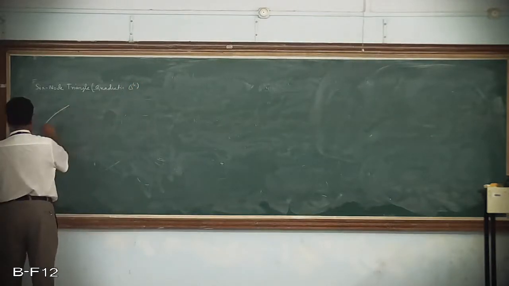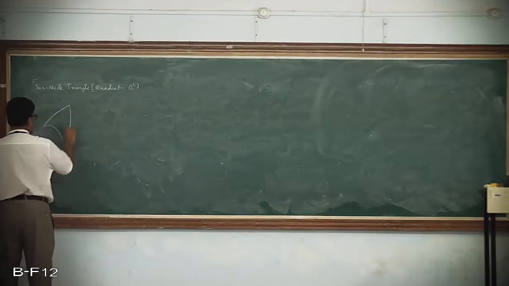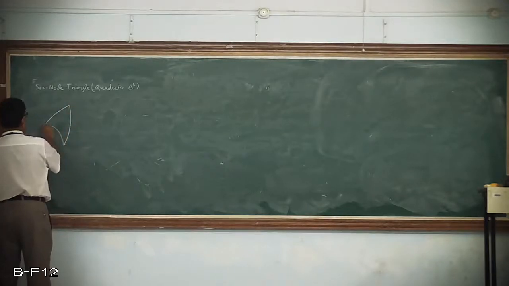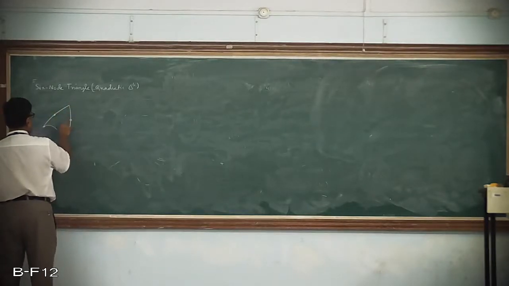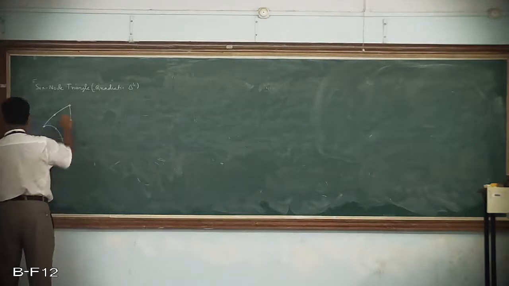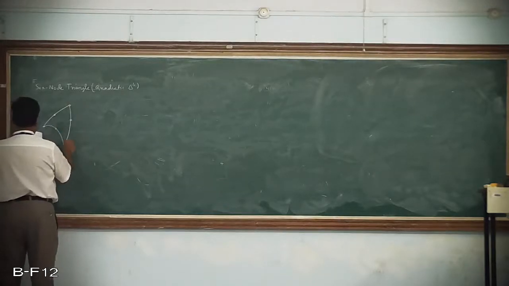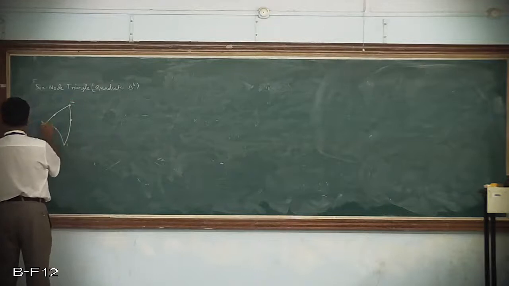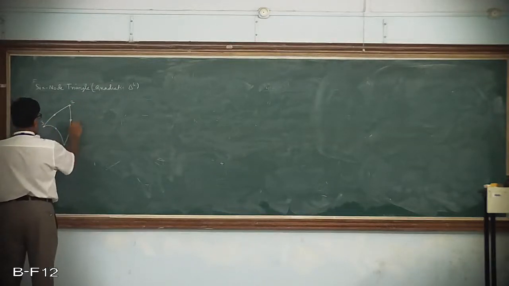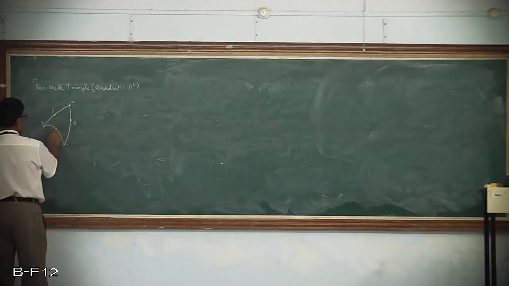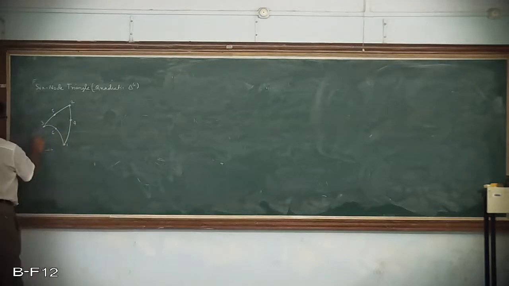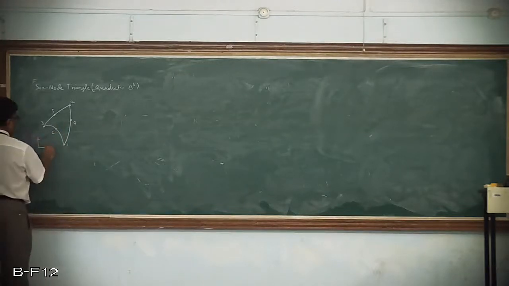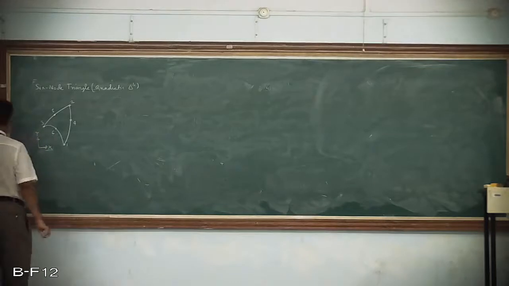Just to draw, these are the drawings. Again, it has got mid nodes here: 1, 2, 3, 4, 5, 6. Okay, this is written in x and y coordinates.